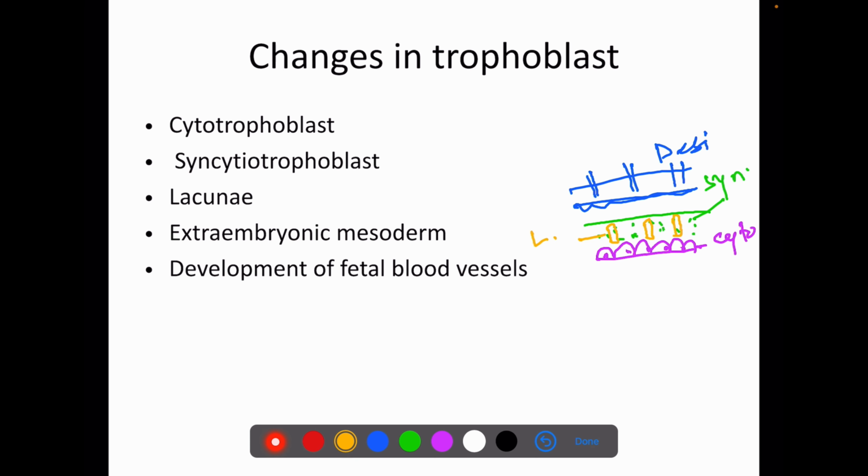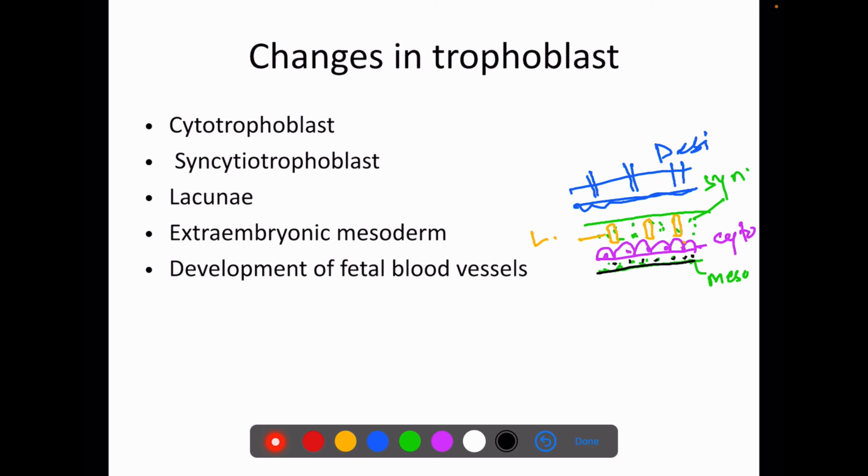Then below the cytotrophoblast there is a layer, and this layer is extra embryonic mesoderm. We have seen this is a layer of mesoderm, right? I'll color it differently. So this is mesoderm. So understand what are the changes in the trophoblast.